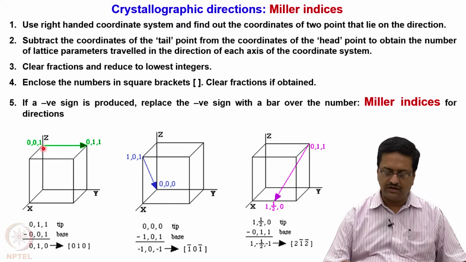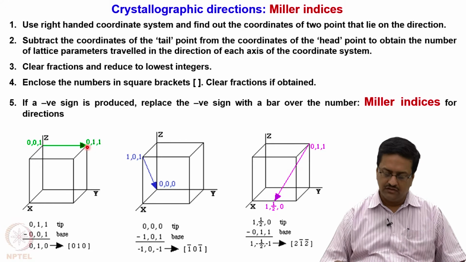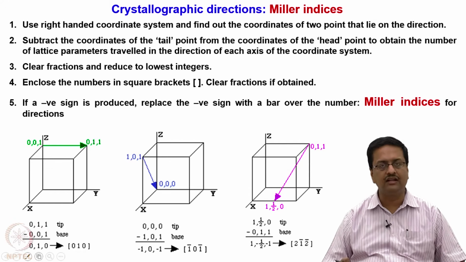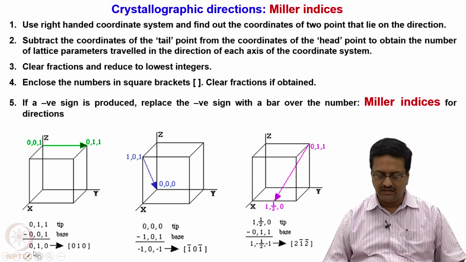The extreme left one, I want to know what is the direction from this point, which is 0, 0, 1, to 0, 1, 1. So the tip is 0, 1, 1, the base is 0, 0, 1. So I am subtracting the base coordinates from the tip coordinates, and I am getting the number 0, 1, 0.